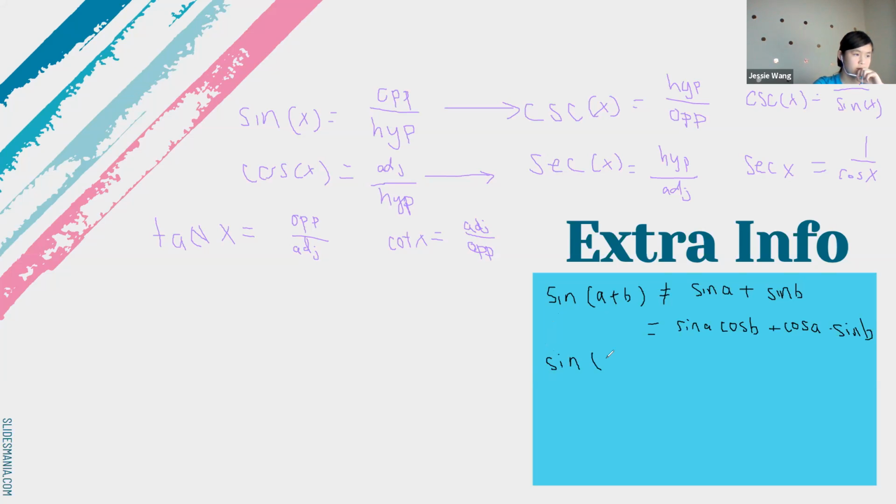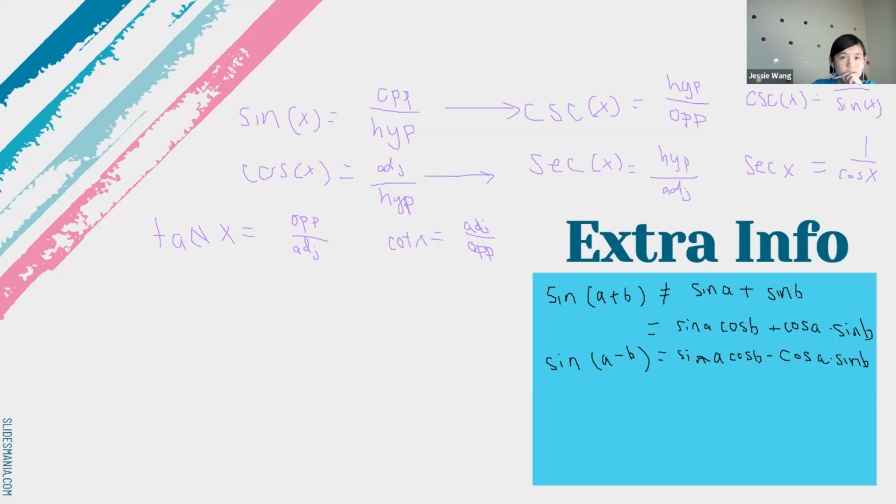If we want sine of A minus B, this is not equal to sine of A minus sine of B. This is actually equal to sine of A times cosine of B, but instead of adding this time, we're going to subtract. So minus cosine of A times sine of B. So this is for sine.